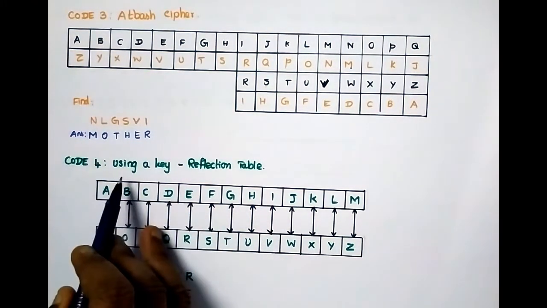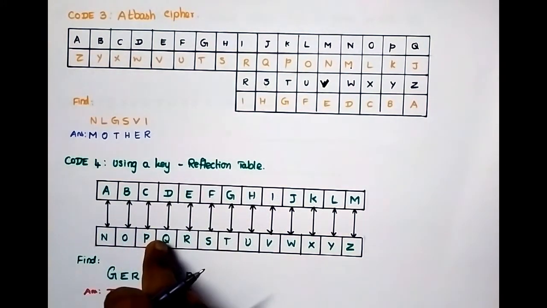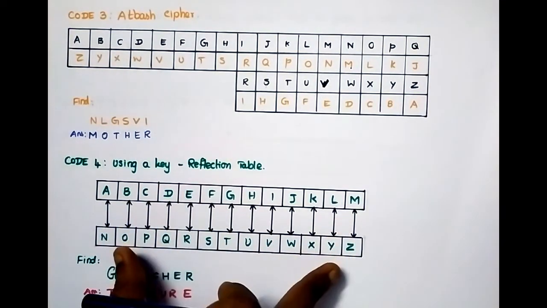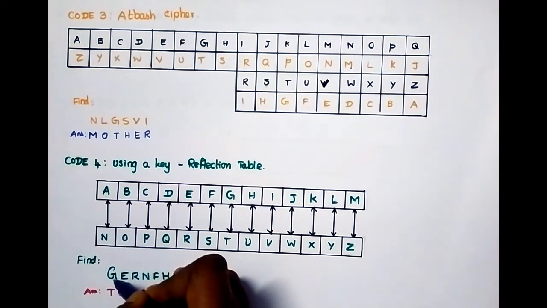Next code, using a key reflection table. Listen, 26 letters, half of the letters here and half here. What have they given?